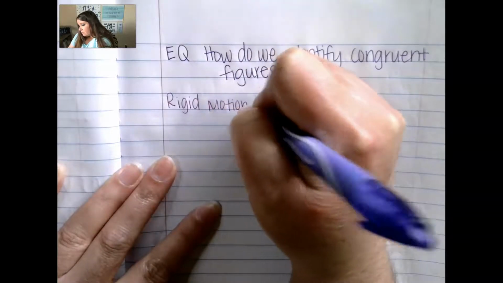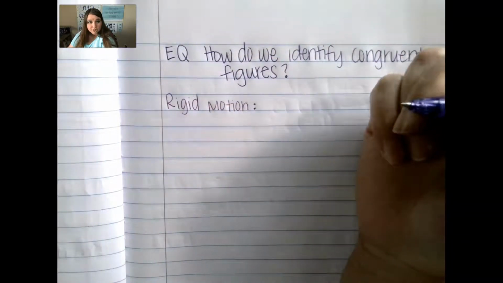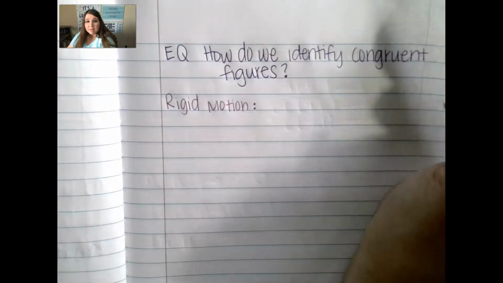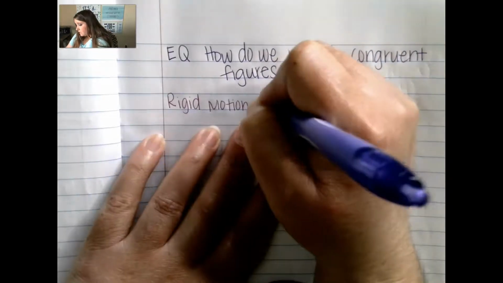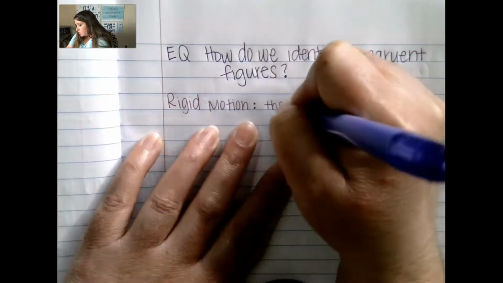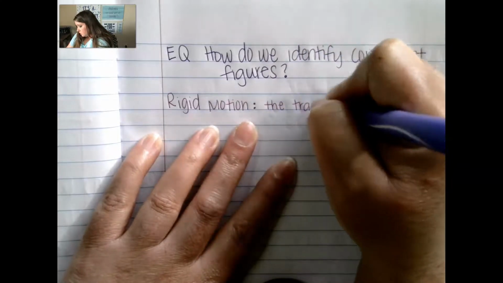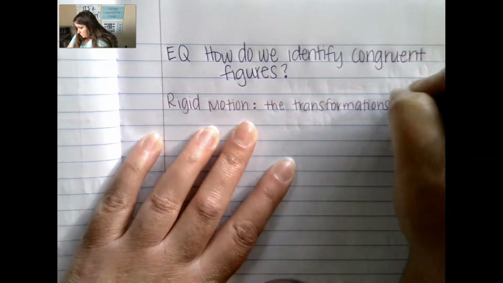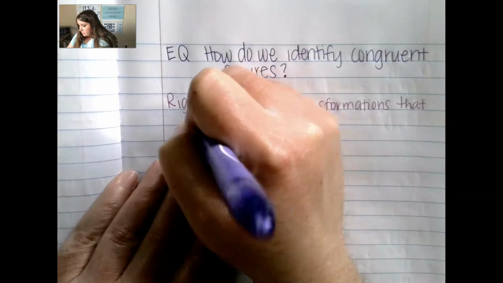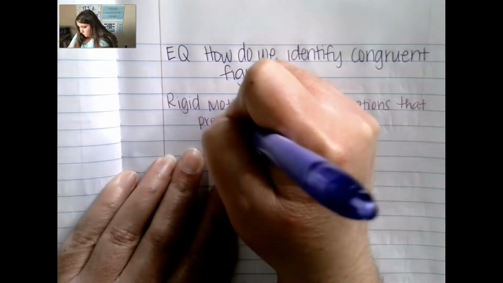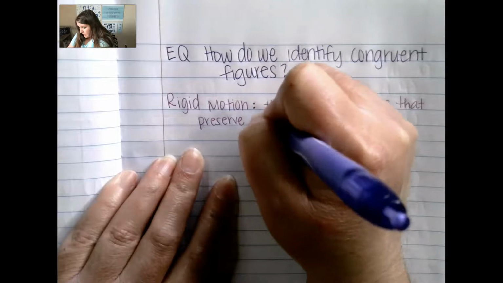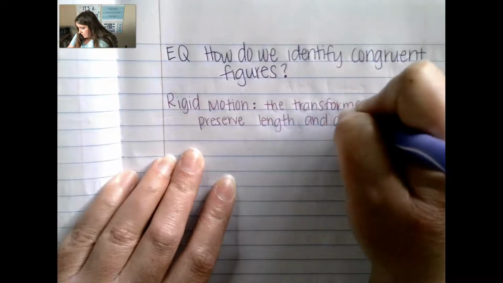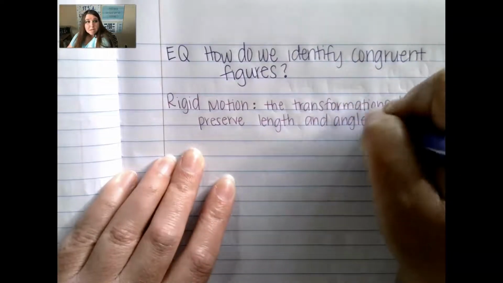And like I just said, a rigid motion is a transformation that preserves length and angle measure. So these are the transformations that preserve length and angle measure.